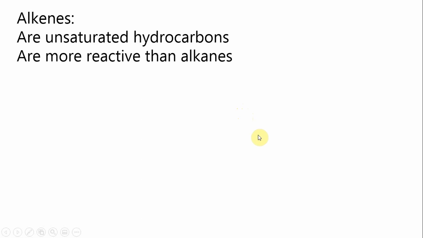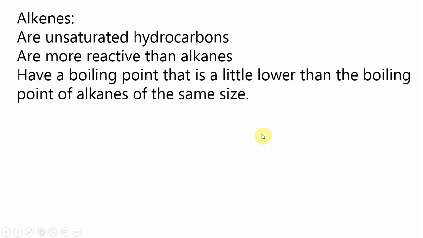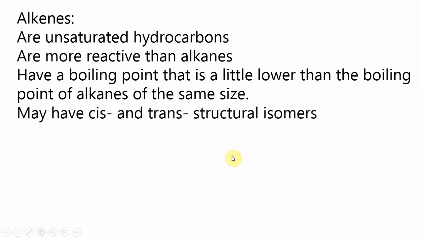For that reason, the alkenes tend to be more reactive than alkanes. They have boiling points that are a little bit lower than the alkane of the same size, i.e. the same number of carbons. And they have what we call cis and trans structural isomerism.